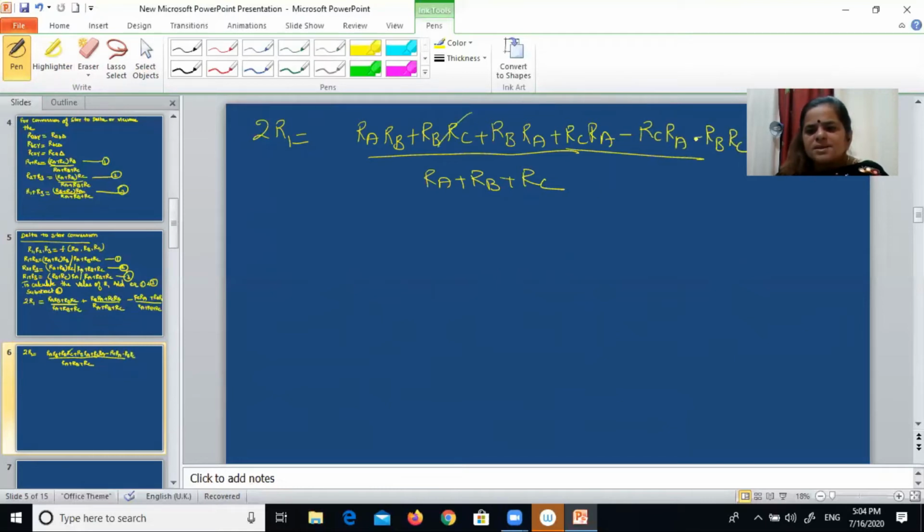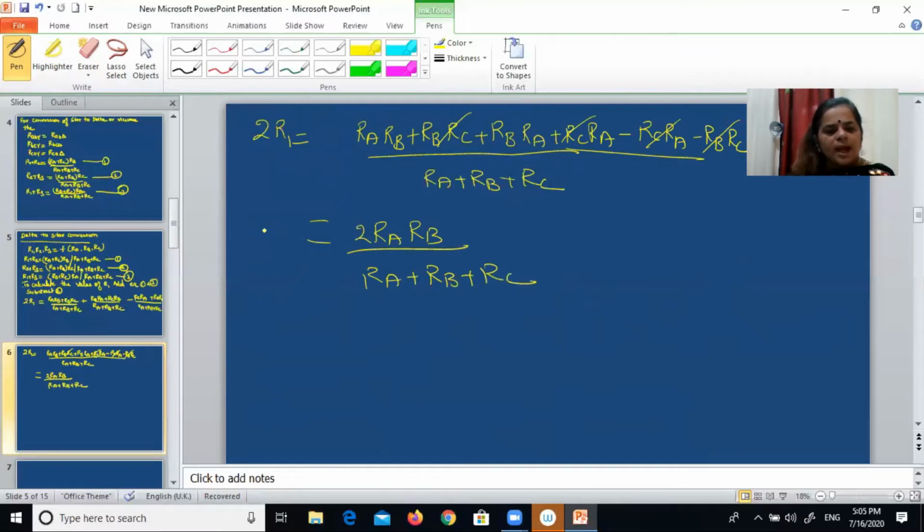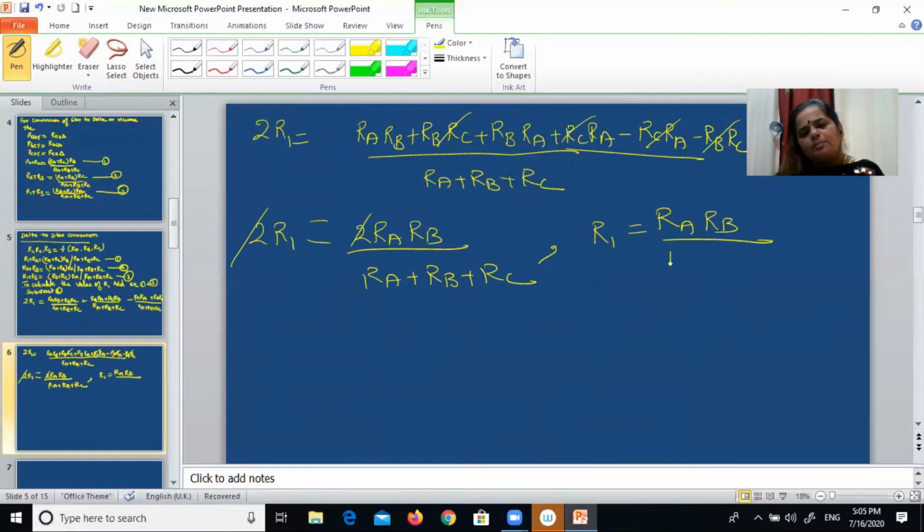So RB RC and RB RC cancel, RC RA and RC RA cancel. What I am going to get is 2 RA RB divided by RA plus RB plus RC, and this is equal to 2R1. So 2 and 2 cancel. Finally R1 is equal to RA RB upon RA plus RB plus RC. So this is the value of R1.